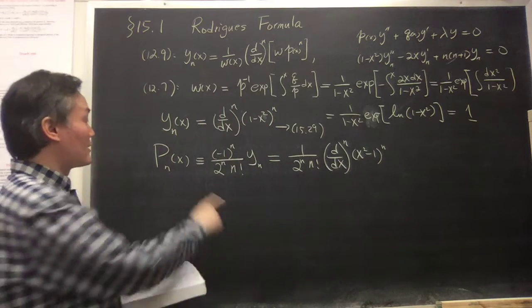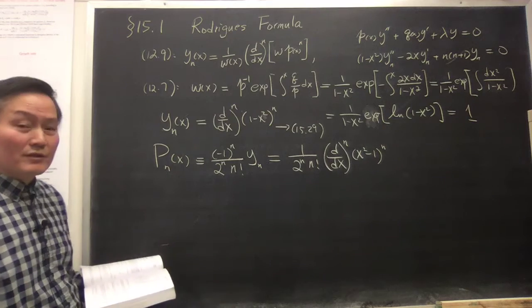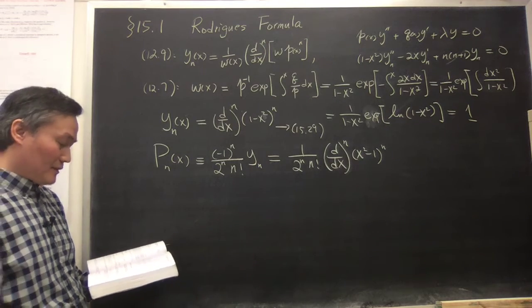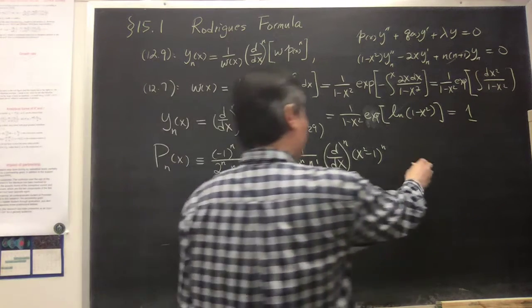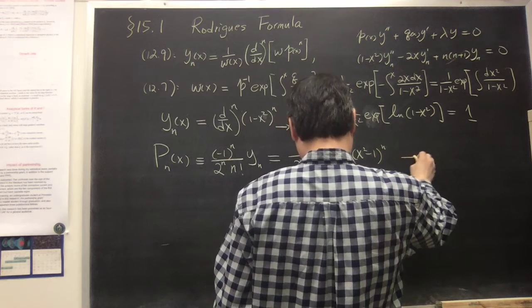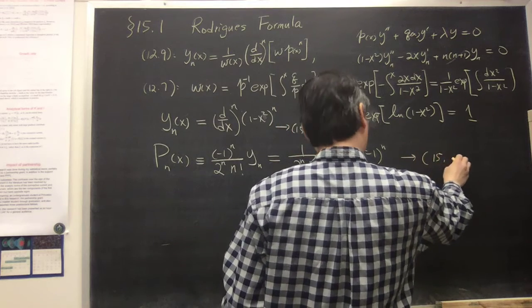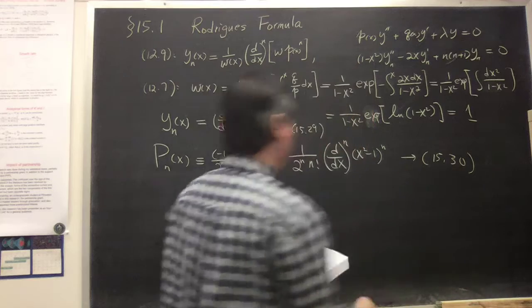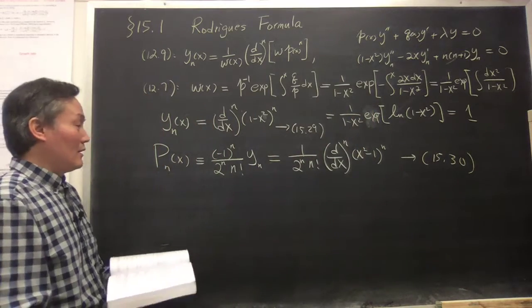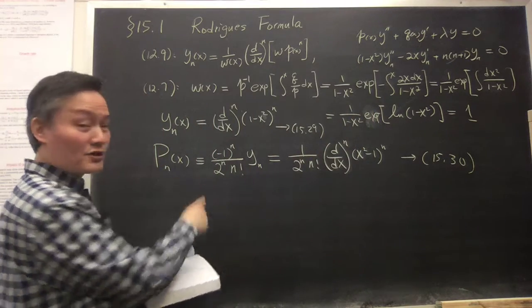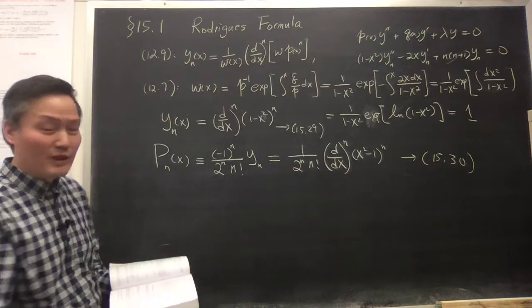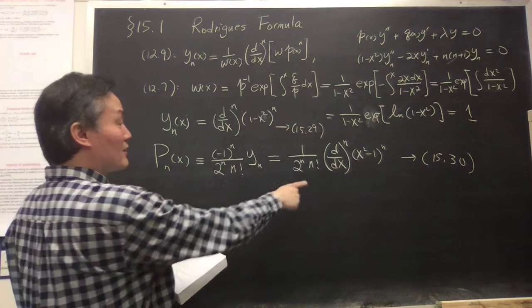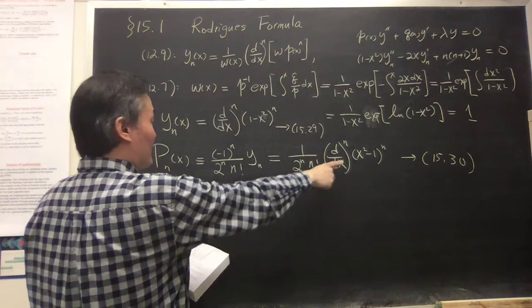Okay, so this is the Rodrigues formula for the Legendre polynomial defined conventionally. So this is equation 15.30.